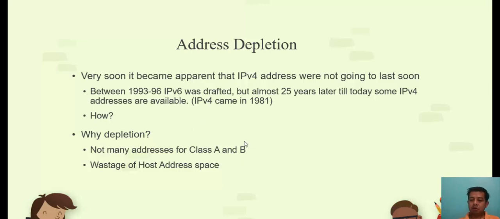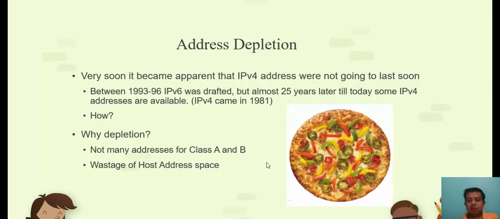A few organizations could have bought class B addresses, and a bigger number of organizations could have bought class C addresses. But in class A and class B, a lot of IP addresses were going waste because normally no organization would have connected that big a number of hosts in their network. So there was a lot of host address space wastage.